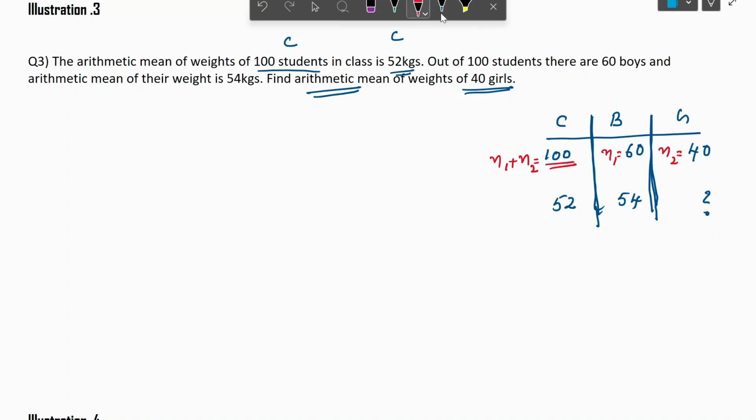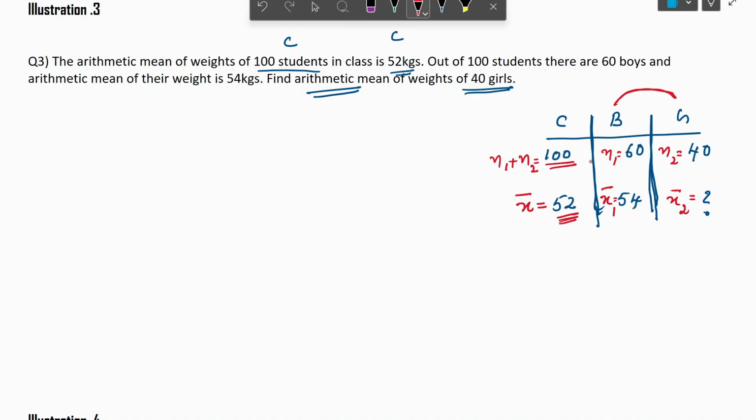That means here what is given? This is your x1 bar because N1 is boys we have considered. Therefore, x1 bar is 54 and x2 bar you need to find out. It is not given. They ask you to find x2 bar, and what is 52? 52 means the combined of these two groups, that means boys and girls. Here, what is the combined mean? That is 52. Therefore, it represents x bar.